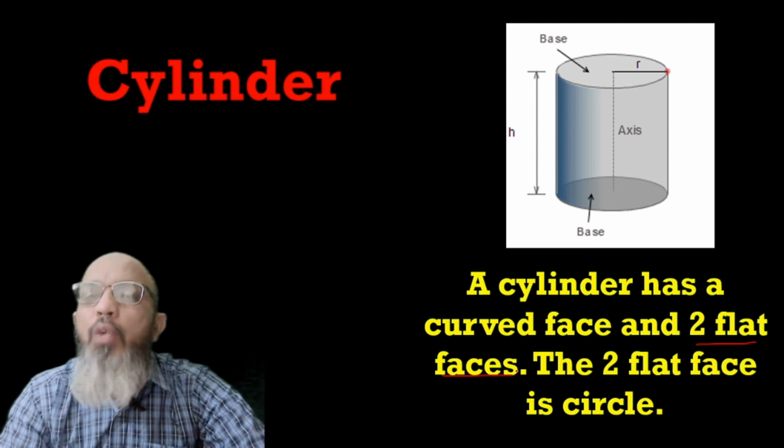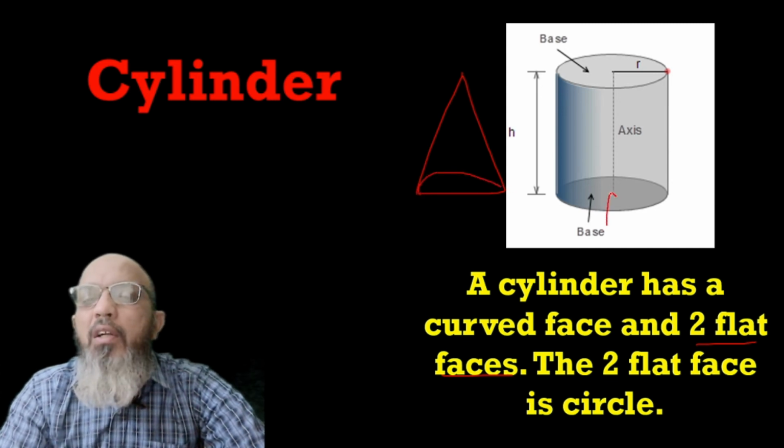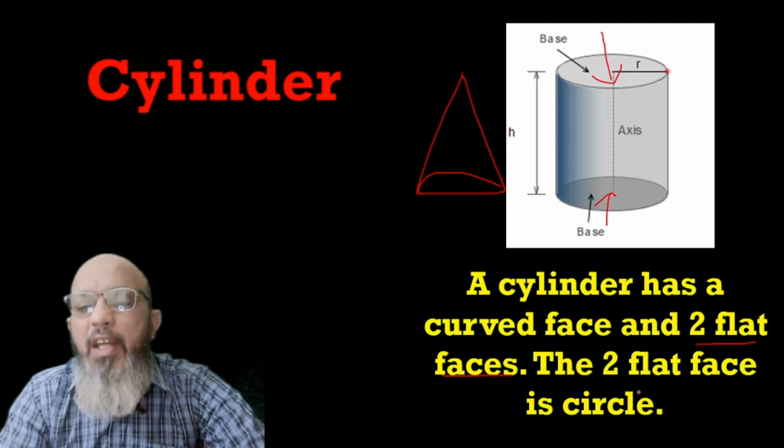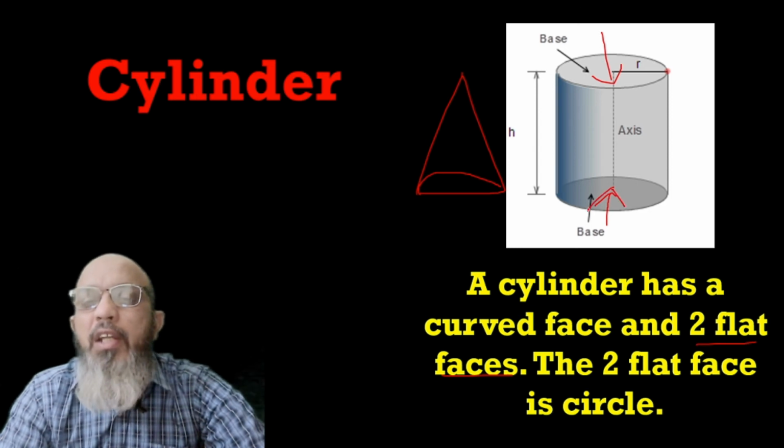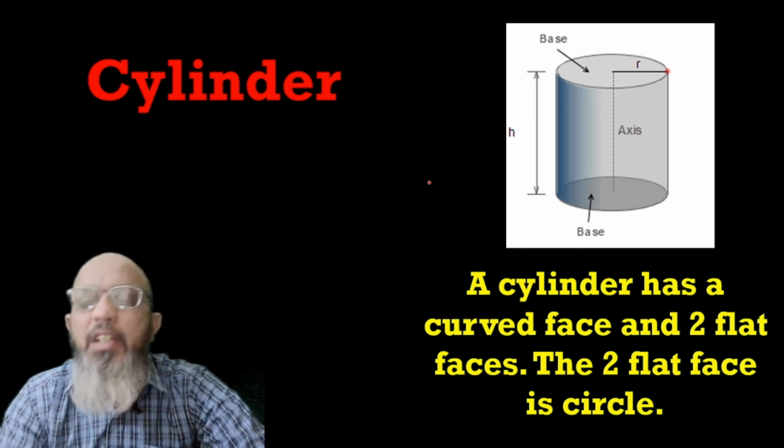The cone has only one flat face and one edge, right? Like this, the cone has one, but the cylinder has two flat faces, two circles. It has two circular faces. The cone has only one circular face.